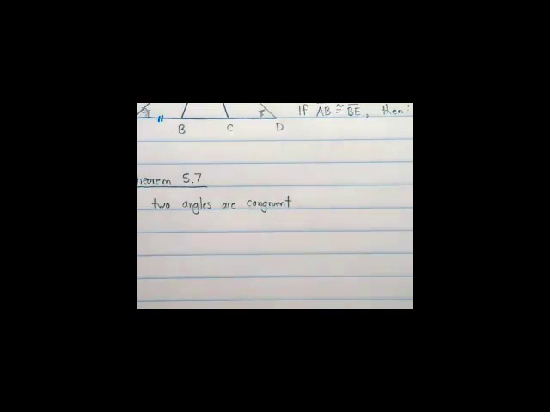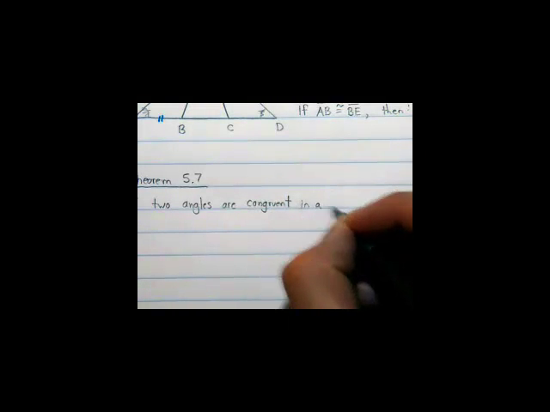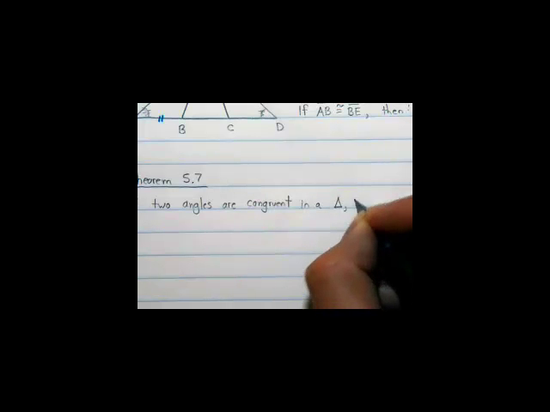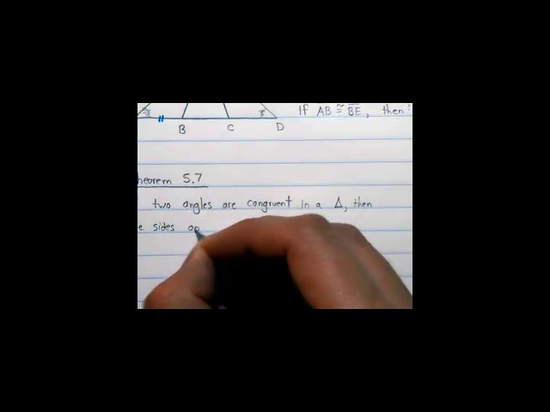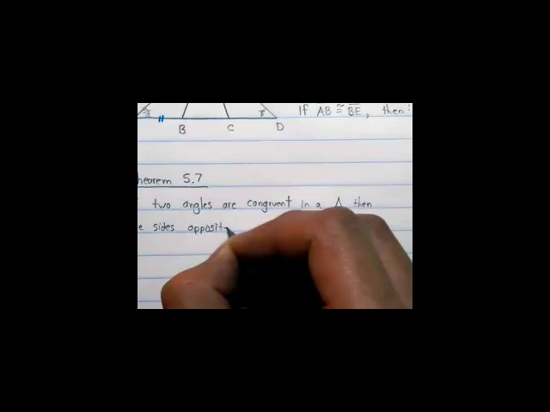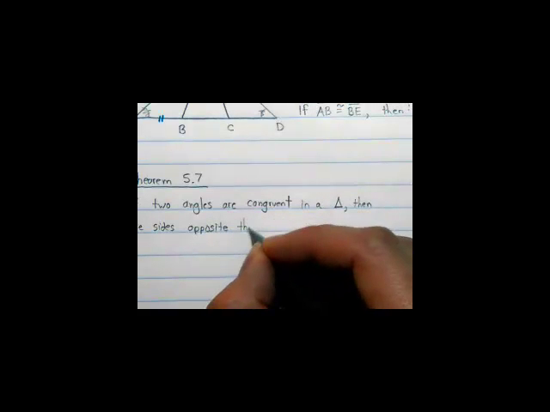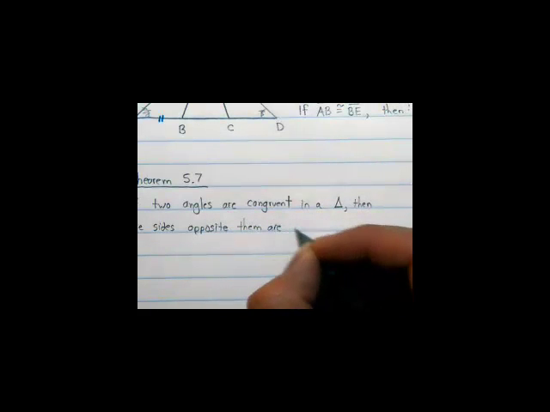So if two angles are congruent in a triangle, then the sides opposite them, just write it down, are also congruent.